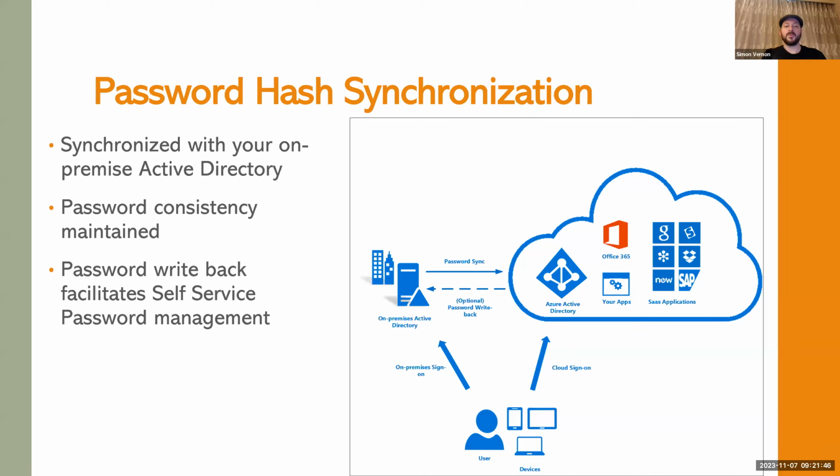We end up with password consistency. So the password that's set in the cloud is also the password that we have on-prem. And there are also facilities to do things like password write-back. Password write-back effectively allows our users to change their password while connected to a cloud service, and that password change will apply to our corporate on-prem enterprise Active Directory, our infrastructure on-prem.